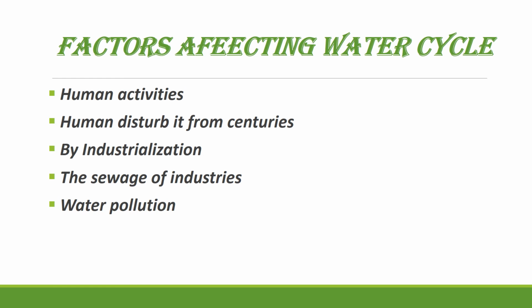The sewage of industries is excreted through the same passage that water uses for its flow in nature, and hence goes back to the sea. So the problem of water pollution arises in major cases, and this disturbs the water cycle and affects it badly.